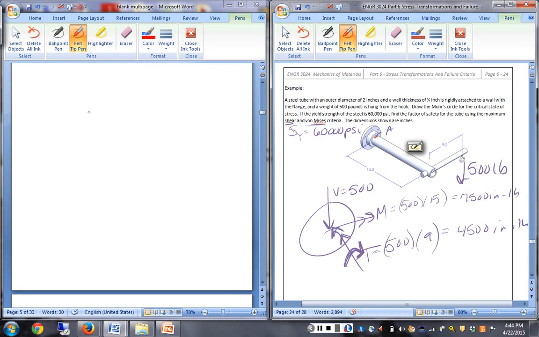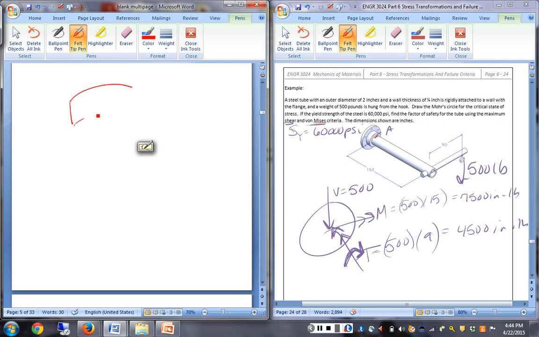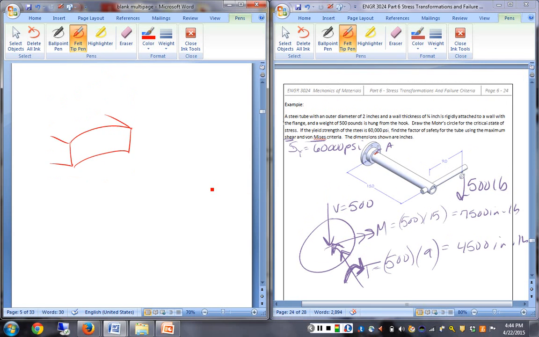We're ignoring the VQ over It part because that V is negligible because the moment arm is long. If you do it, where in the cross section is the maximum? It's where there is no normal stress.